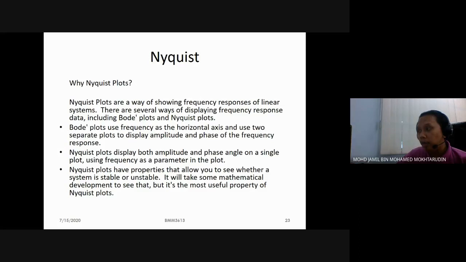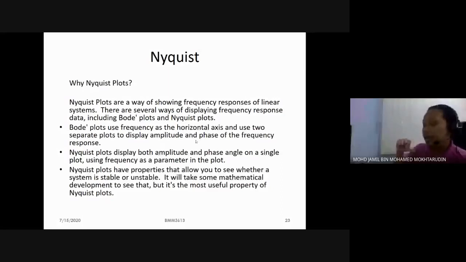Compared to the Bode plot, where you have to draw two plots, magnitude and angle, for Nyquist you have only one plot, but it represents both angle and magnitude.